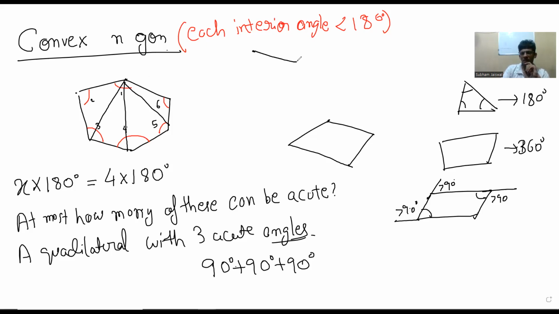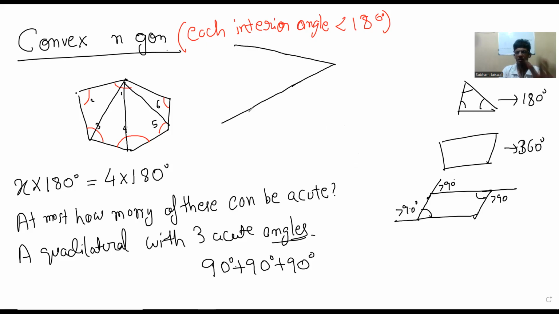I'm thinking that maybe that way we can arrive at a contradiction that it is not possible. So imagine you have one ray like this, which is acute, okay? And then you have another acute ray, okay?